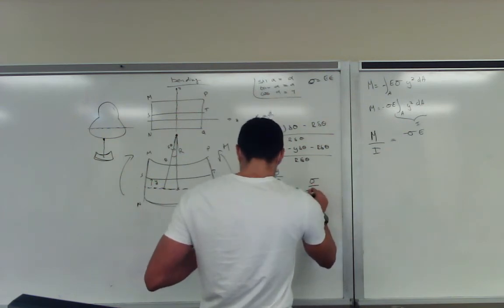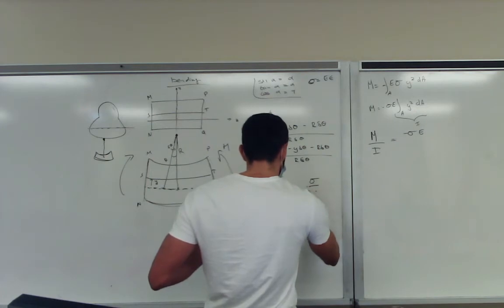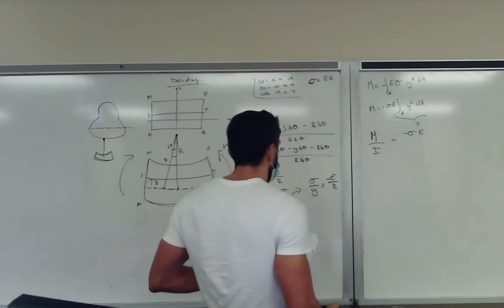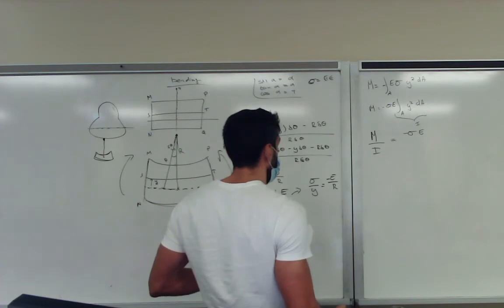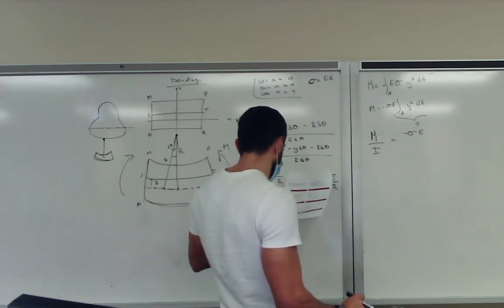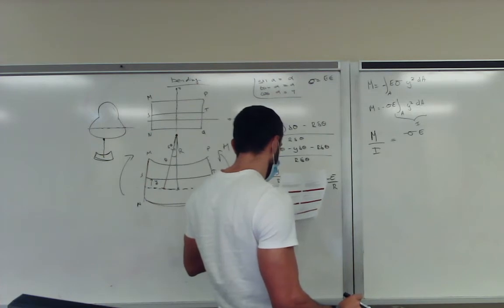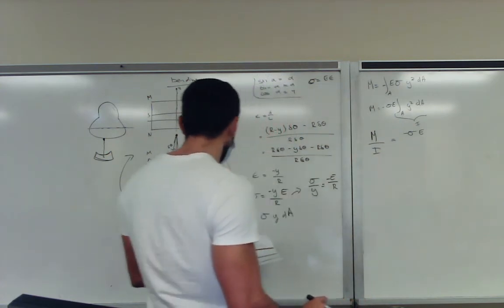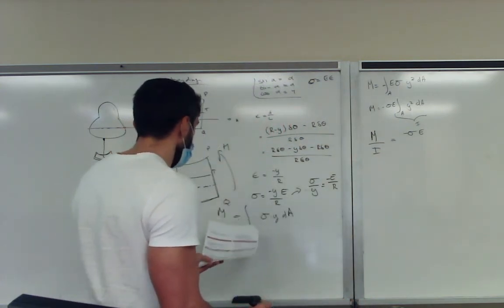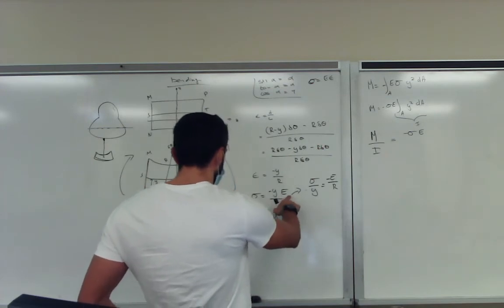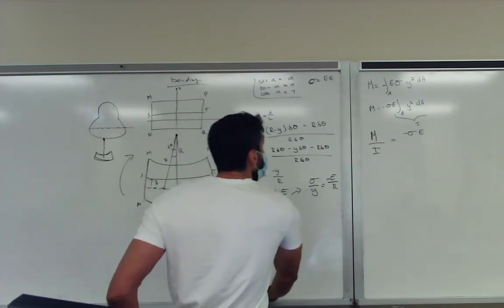I can rewrite this as sigma over y is equal to E over R. Double check. Okay, I made a mistake.